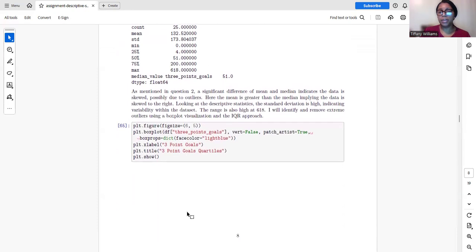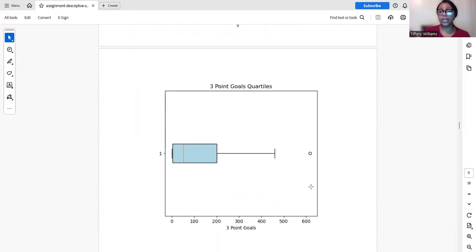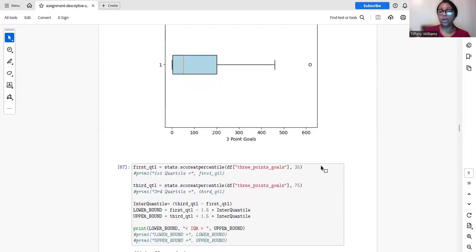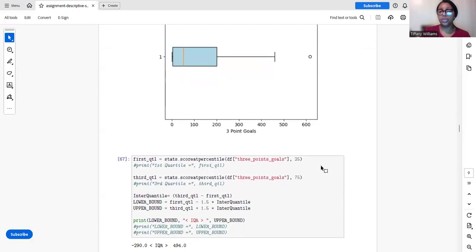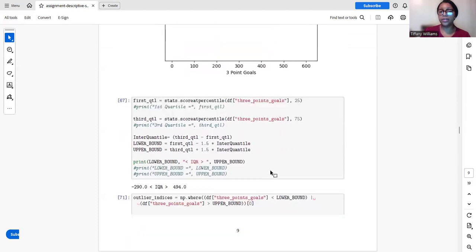As we look at the box plot, it does show that there is an extreme outlier here with someone making well over 600 3-point field goals. I use the IQR method to get that interquartile bound and find the outlier.